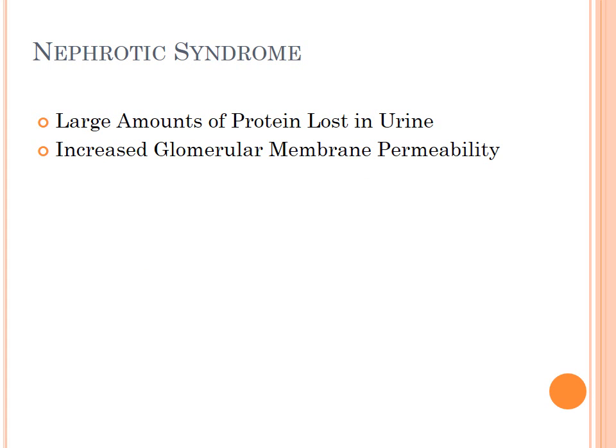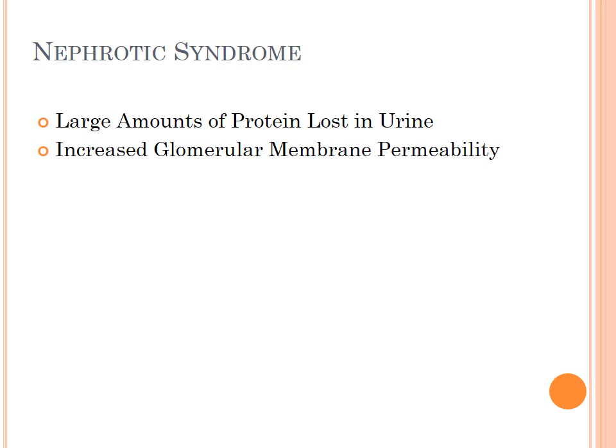So nephrotic syndrome we talked about a little bit, where there's loss of protein from the bloodstream into the urine, and as a result you have a change in capillary permeability and fluid loss. So in a case of the kidney, of increased glomerular membrane permeability.